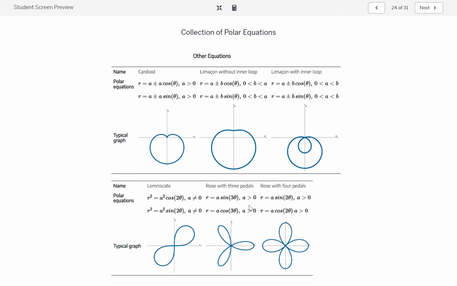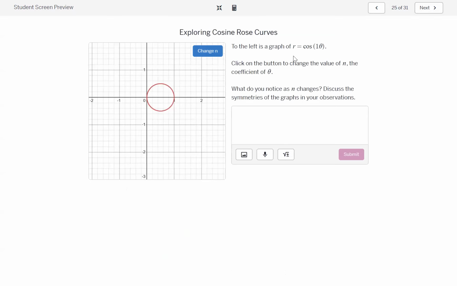And then we can have a rose with number of petals. So if I have 3 theta, I get 3 petals. If I have a sine 2 theta or a cosine 2 theta, I get 4 petals. So right now I have the graph of r equals cosine 1 theta.